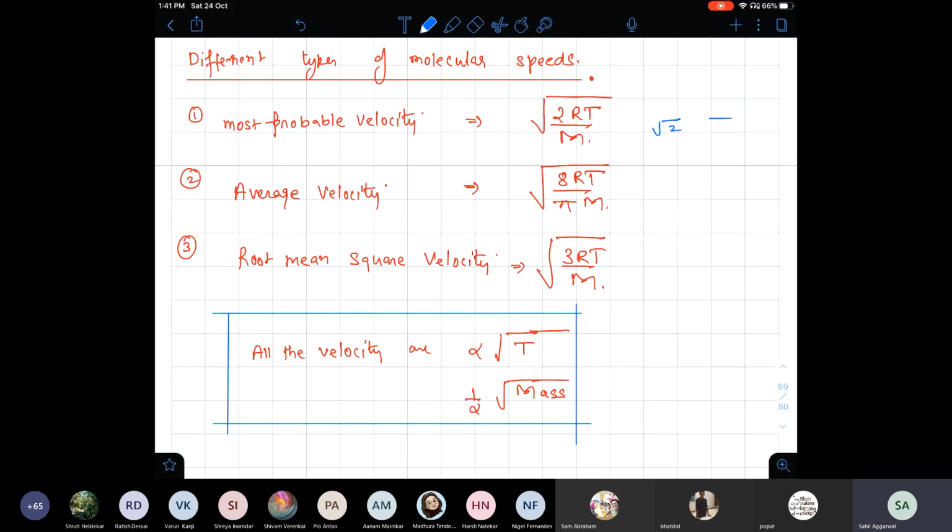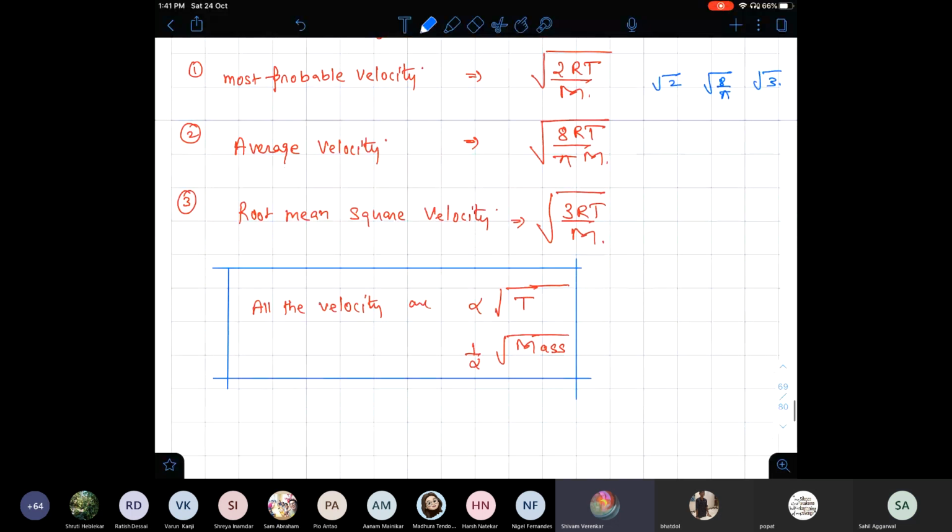Root 2, root 8 by pi and root 3? इनमें सबसे बड़ा कौन है? Root mean square velocity. Okay. So VRMS is bigger than V average is bigger than V most probable.